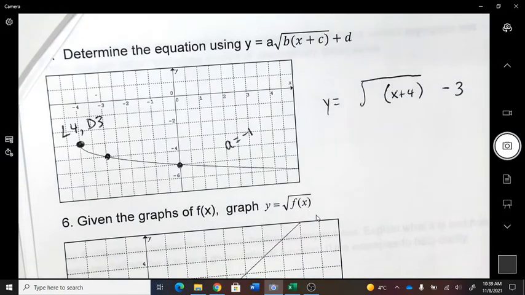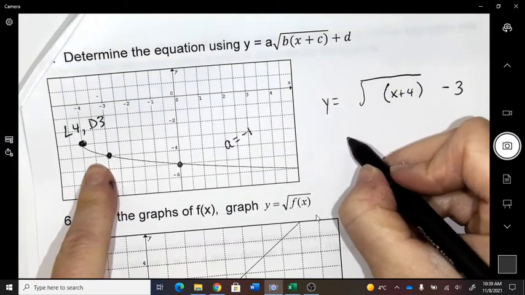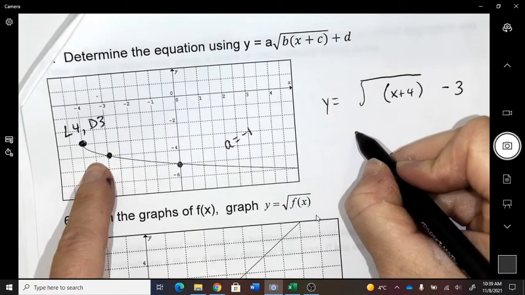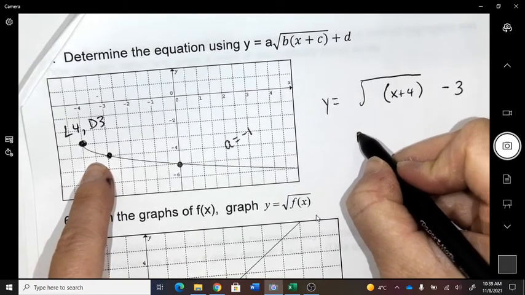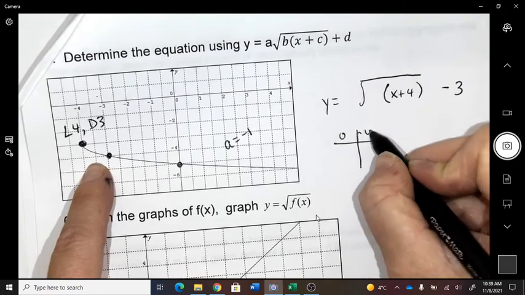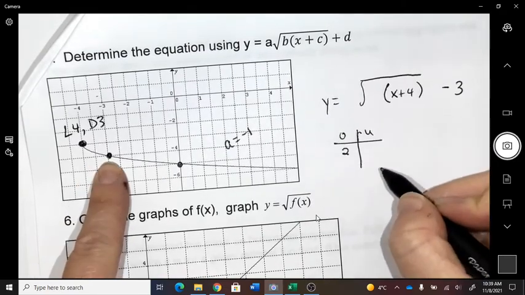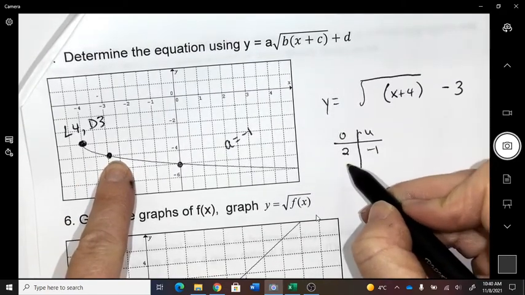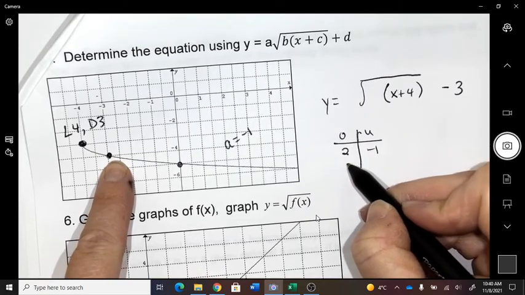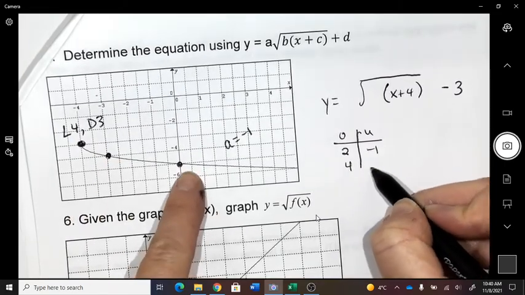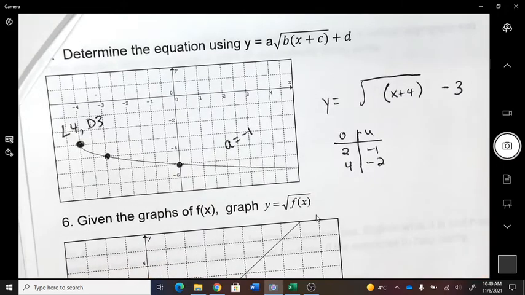So we got to be thinking about that as well. Okay. How do you want to do this? Over, up. I went 2 right, down 1. And then I went 4 right, down 2.